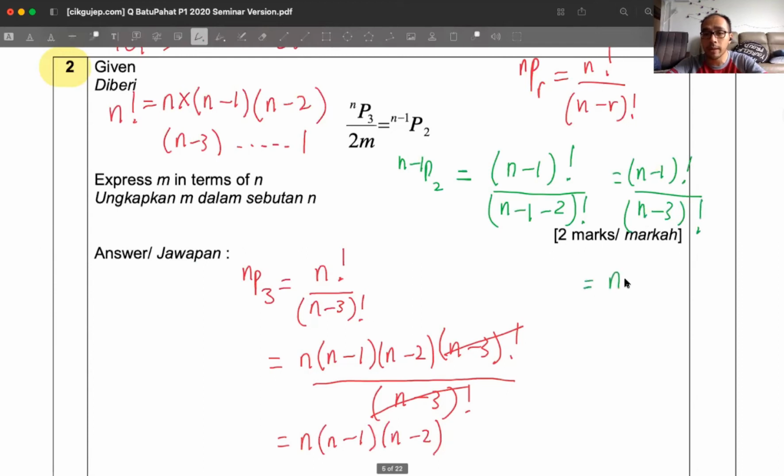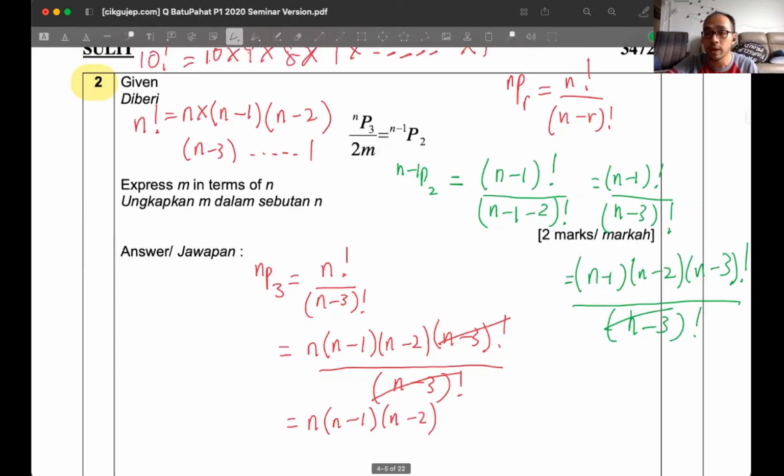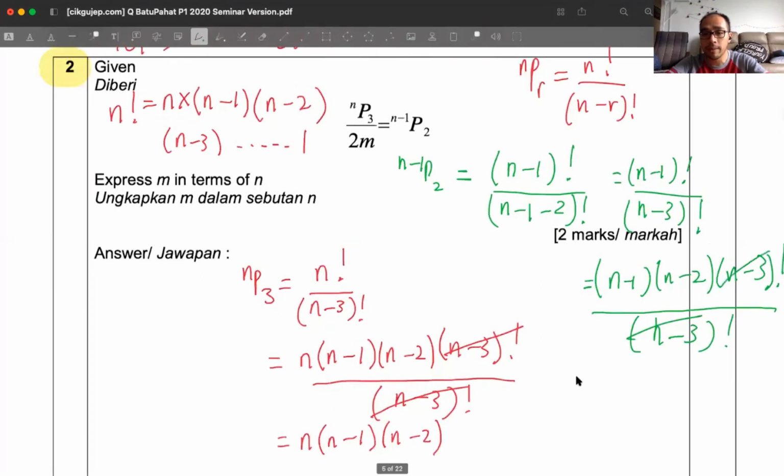n minus 1, n minus 2, and then n minus 3 factorial over n minus 3 factorial. And this one I can cut once again because it's the same thing. Oh no, what am I doing? Sorry. Okay, now I can cut. So I'm left with n minus 1 and n minus 2.